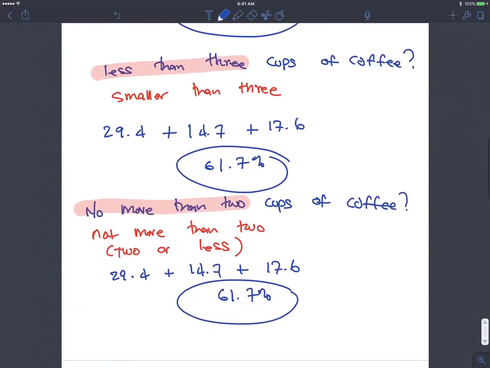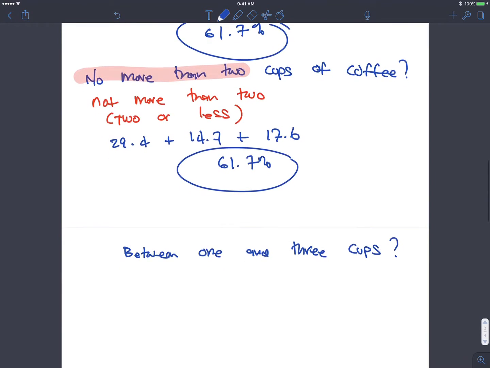Let's go back and consider that the key is understanding the phrase between 1 and 3. Now, I want to point out that this between phrase is inclusive, meaning we include the 1 and the 3.